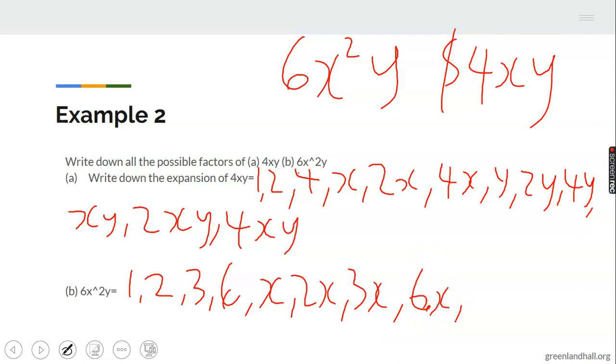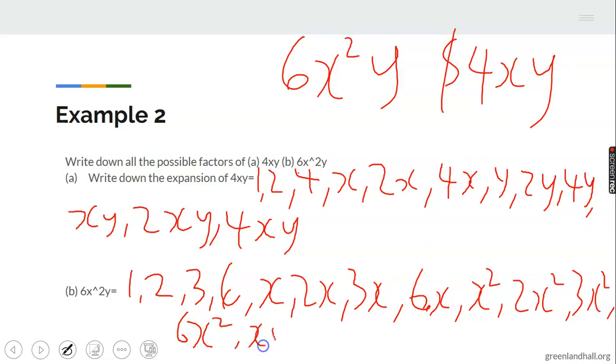Then we have x squared, 2x squared, 3x squared, 6x squared. Then you have xy, 2xy, 3xy, 6xy. You can list out the rest.